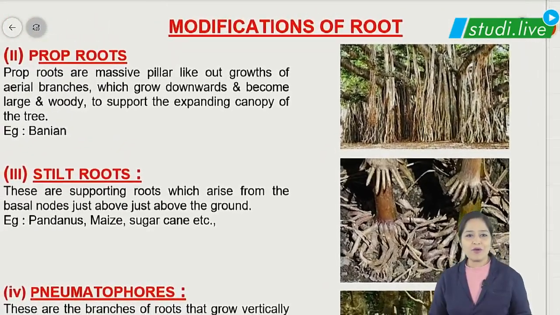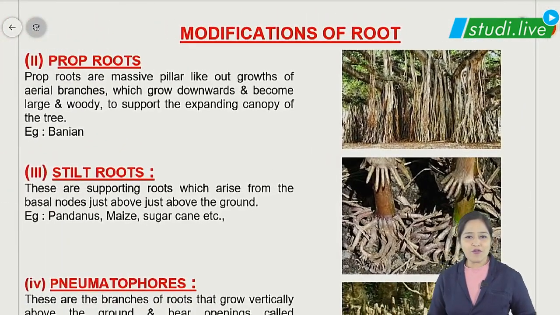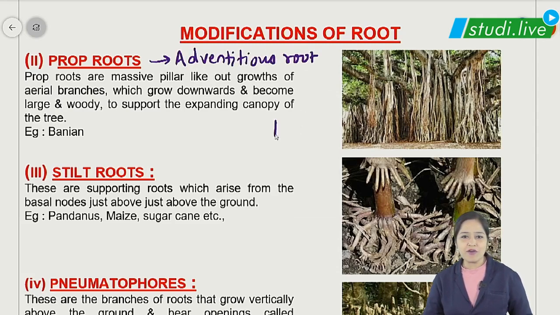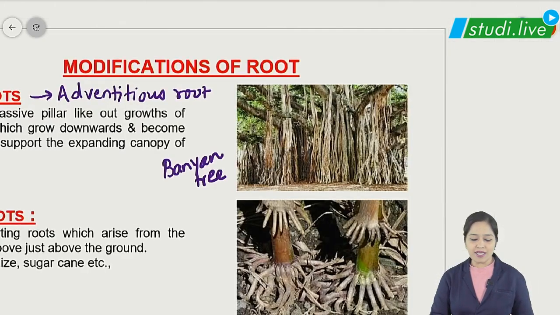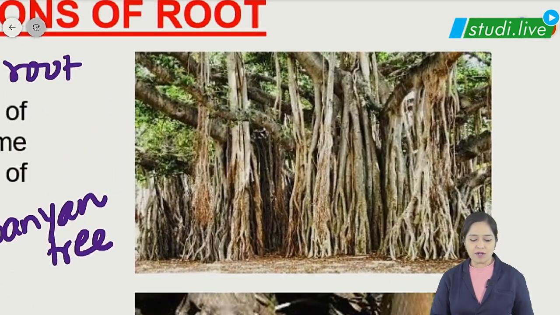So here we are going to see modifications of adventitious roots for mechanical support. These prop roots are modifications of adventitious roots for mechanical support. Here is the picture of a banyan tree, wherein we can see roots emerging from the horizontal branches.